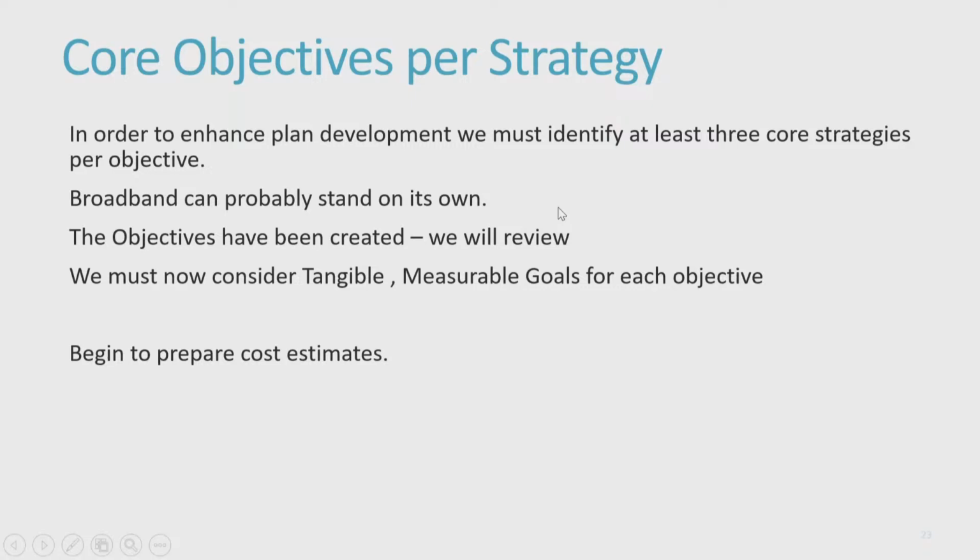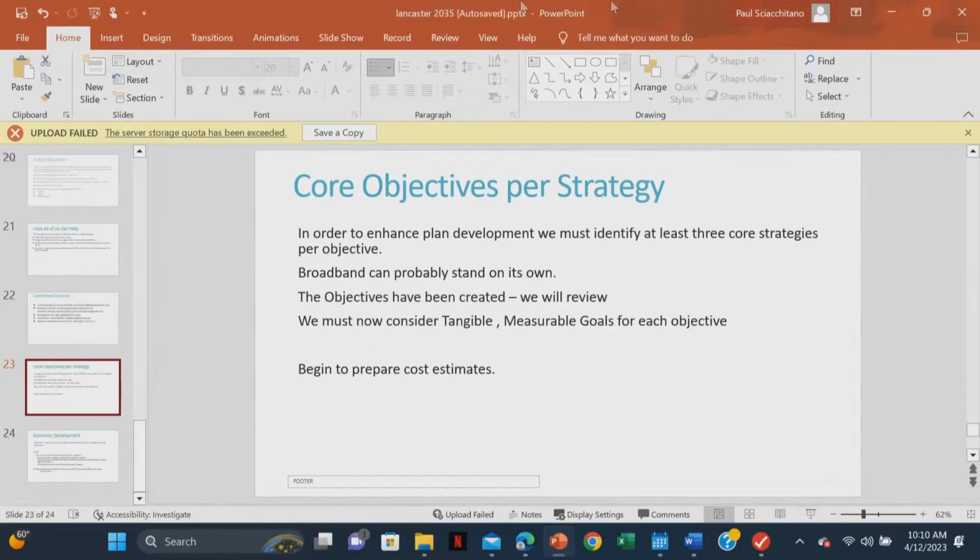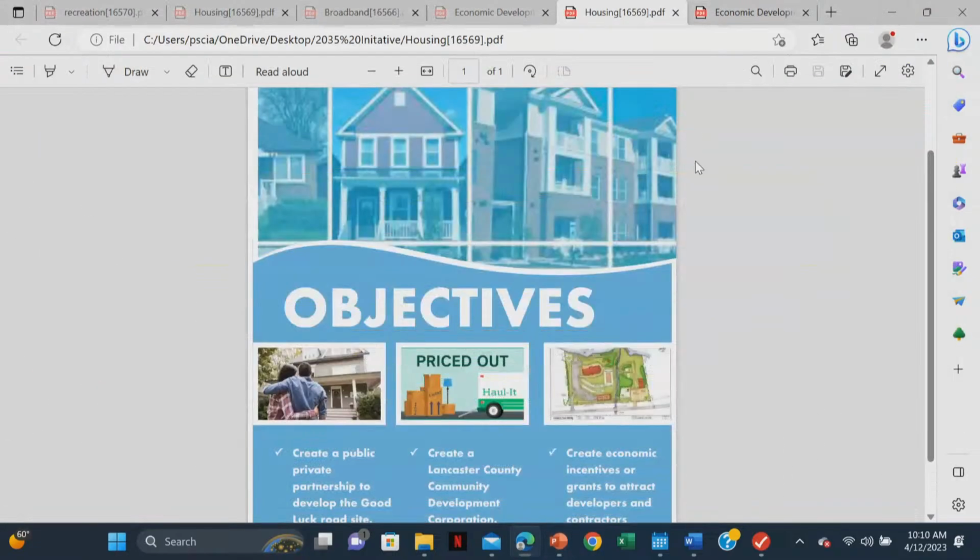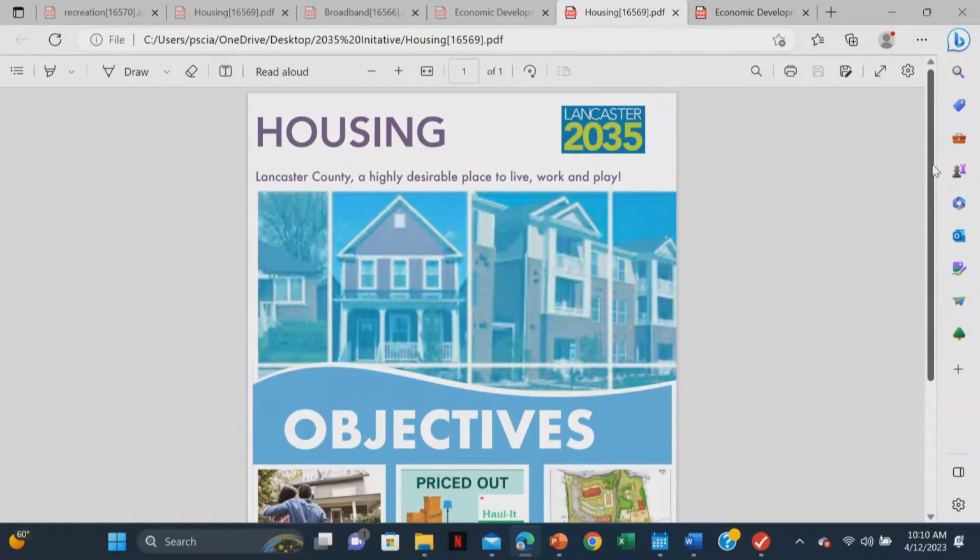And I've created a slide here for you, Susan, that pretty much says the same thing, all right? And so what I'm going to do now is escape from that and come back to, all right. Here is an objectives slide that Jason created for housing. And you can see he puts our tagline at the top, Lancaster County as a highly desirable place to live, work, and play, right?